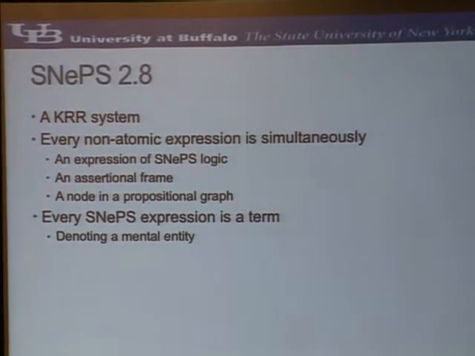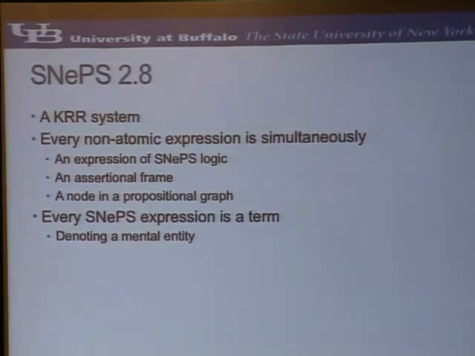Every non-atomic expression is simultaneously an expression of SNePS logic, so it's logic-based, an assertional frame, that is a construct with slots and fillers, so it's a frame-based system, at least assertional frames, and a node in a propositional graph, so it's also a graph-based system. And there are reasoning styles that accord to each one of these. But it's simultaneously all three.